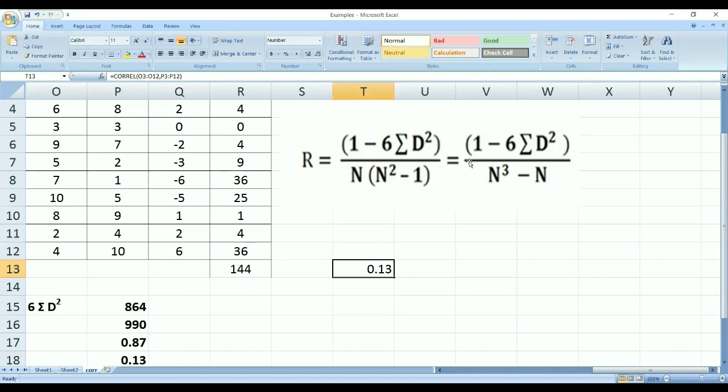This 1 minus should have been here. Ma'am, 0.127 is coming.